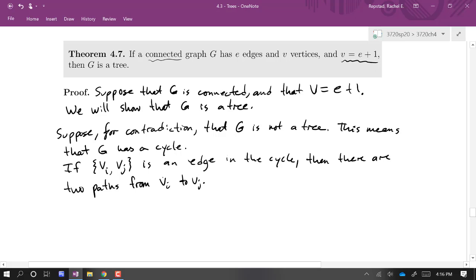If there are two paths from Vi to Vj, that means that we could remove that edge, this edge Vi, Vj, and there will still be a path from Vi to Vj, and the graph would still be connected.